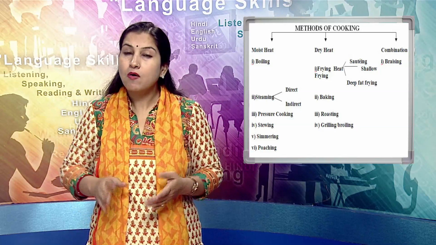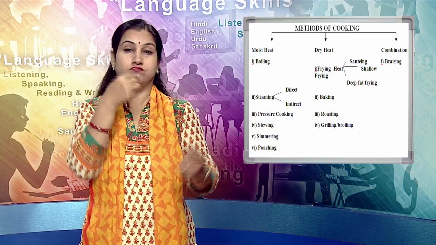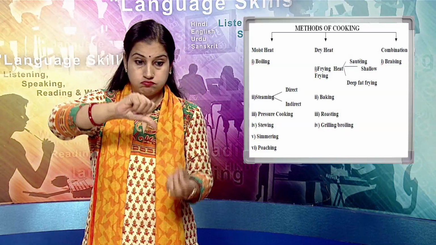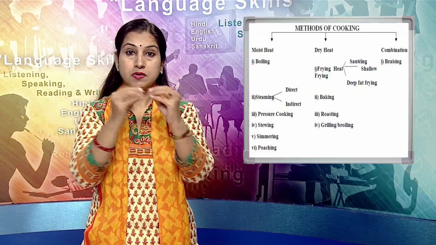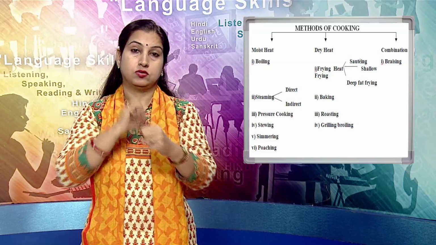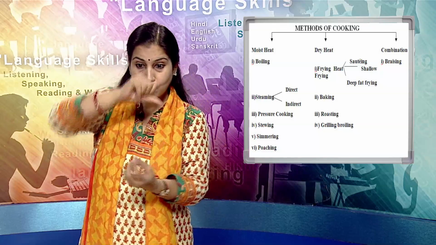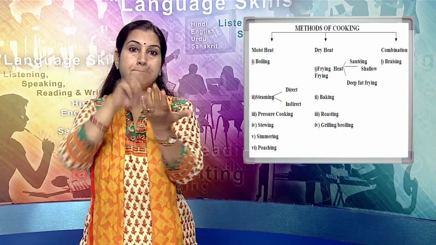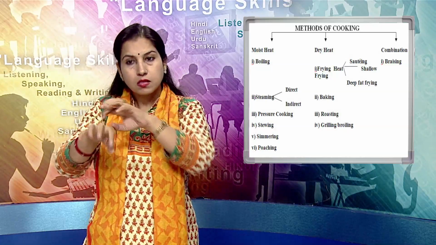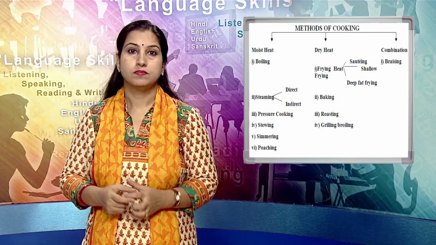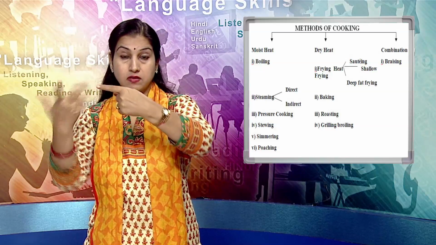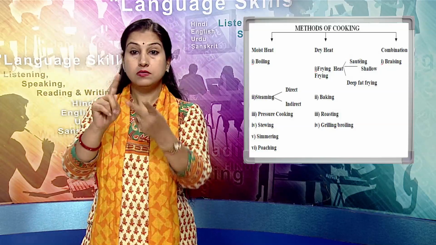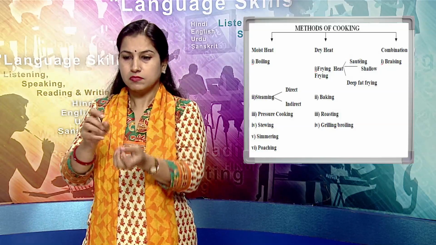Now let's discuss the first column. The first point is boiling. The second point is steaming. Steaming has 2 further bisections. The first one is direct steaming and the other one is indirect steaming.